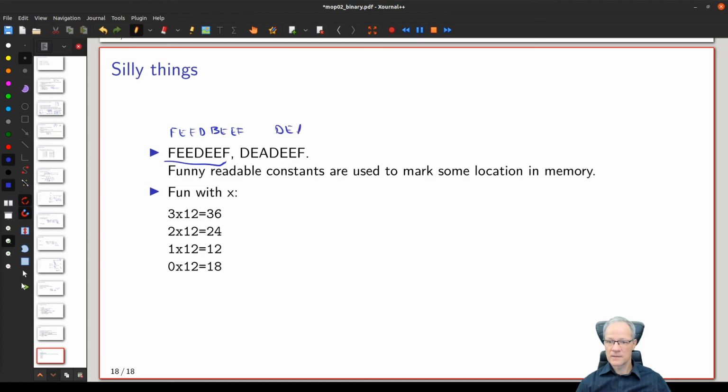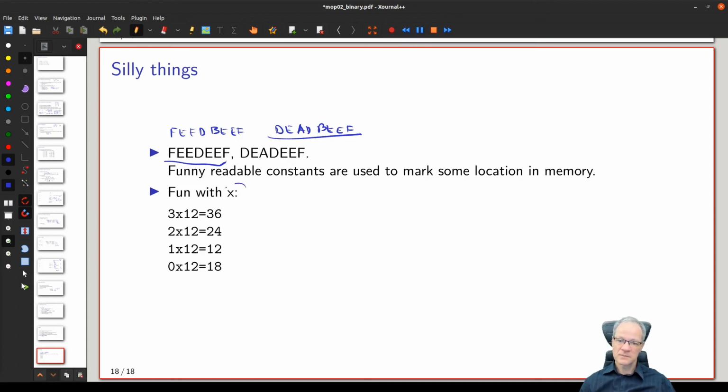Or dead beef. So all of these are digits in the hexadecimal system. But for us, if we look at the representation of, let's say, a large group of data, it's easier to spot these readable constants, if you will, to mark some location in the memory.